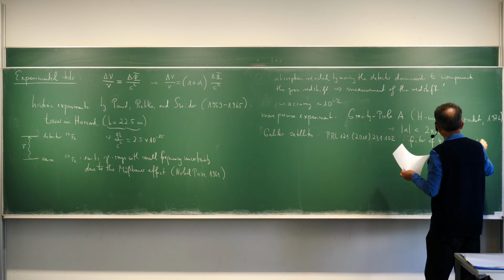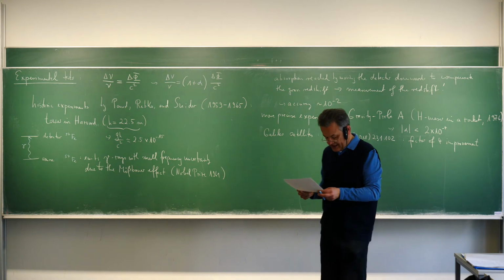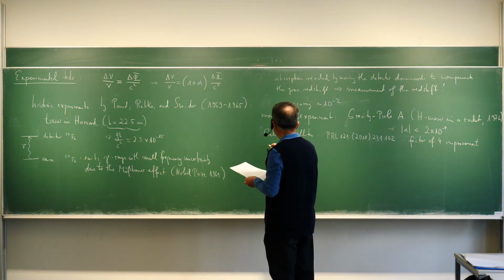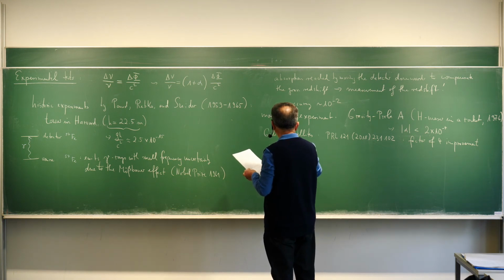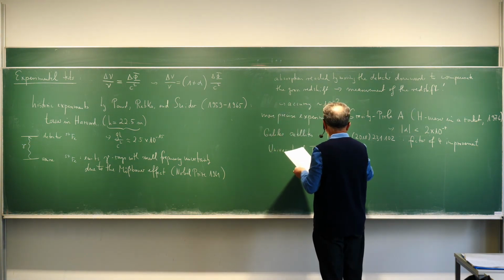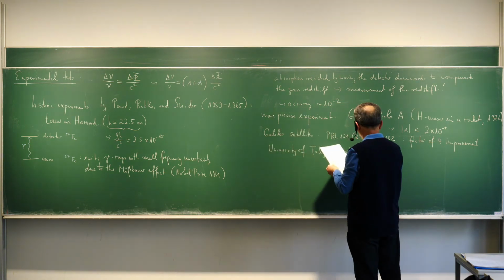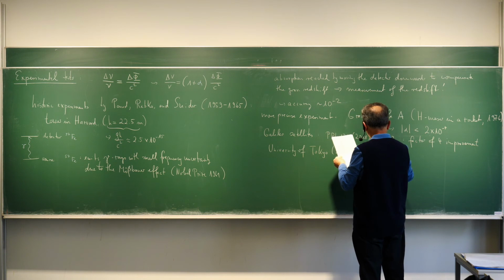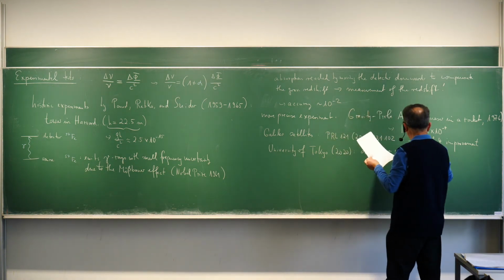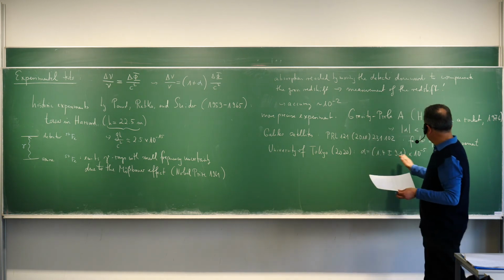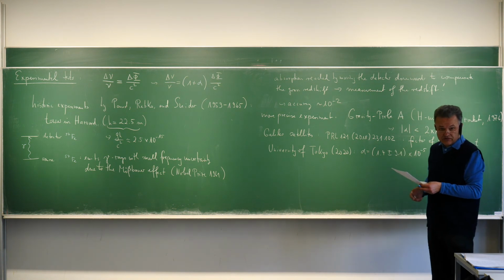This was, of course, a rather cheap experiment, because you could use data. And a more recent measurement in the lab by the University of Tokyo, which was published in 2020, gives for this alpha a value of 1.4 plus minus 9.1 times 10 to the minus 5. Do you see, at that level it's certainly consistent with 0.